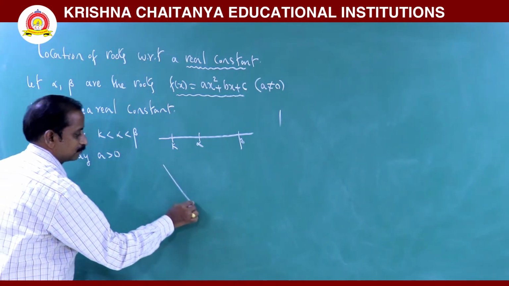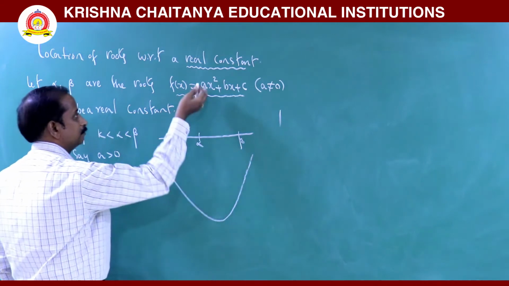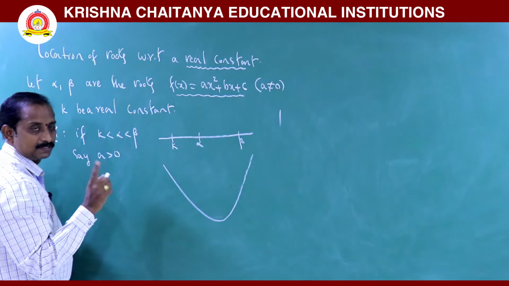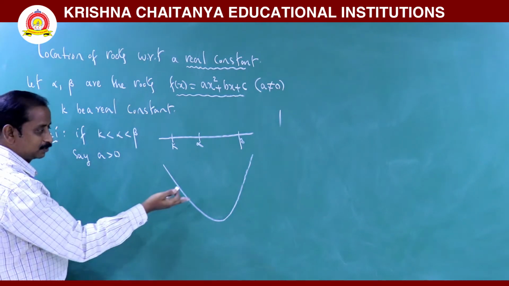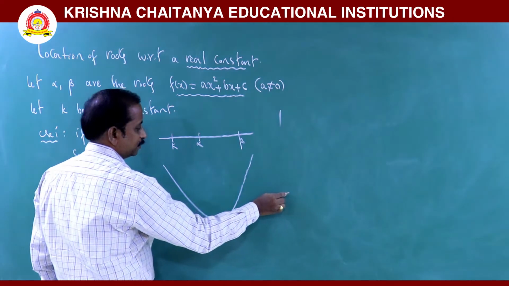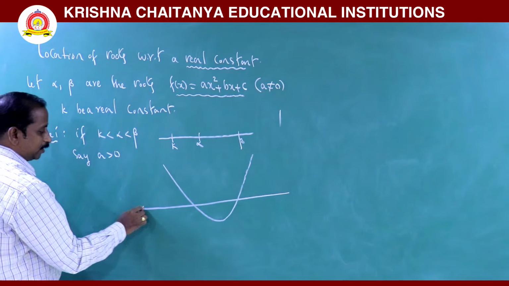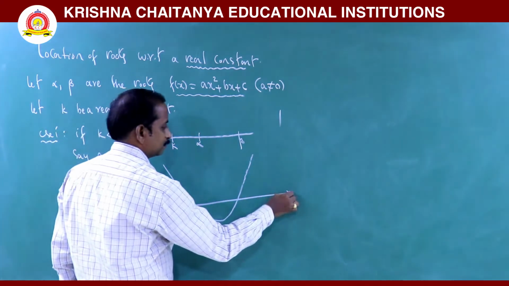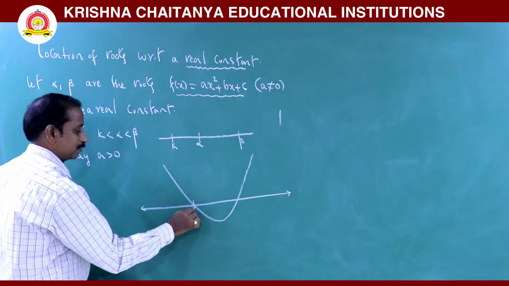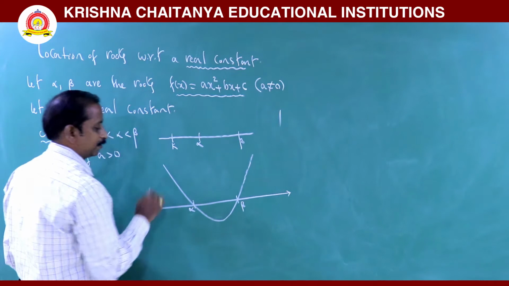So, when a greater than 0, the shape of the curve ax square plus bx plus c is a parabola. So, this is the parabola. Now, consider the real line. On the real line, we can consider two roots, one is alpha, another is beta.